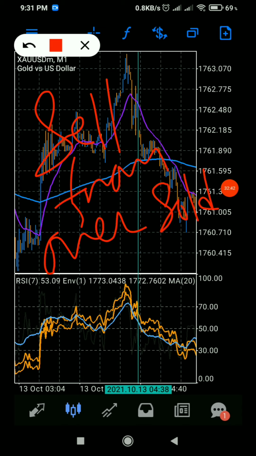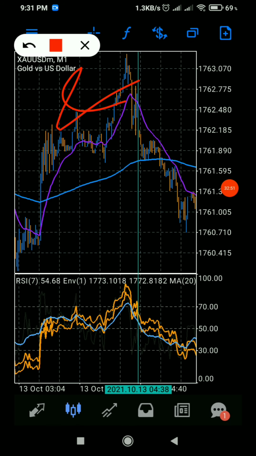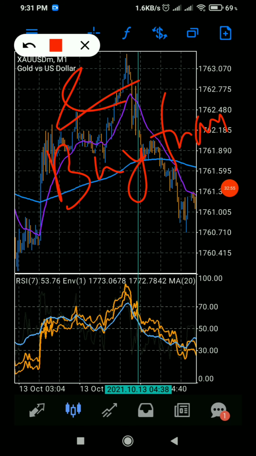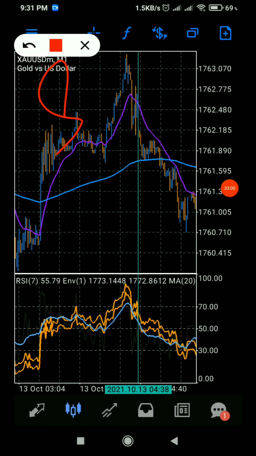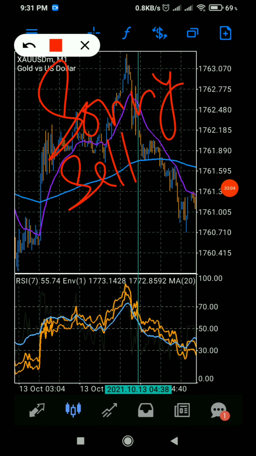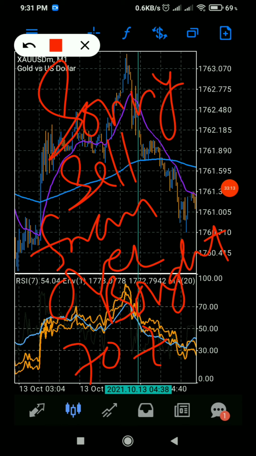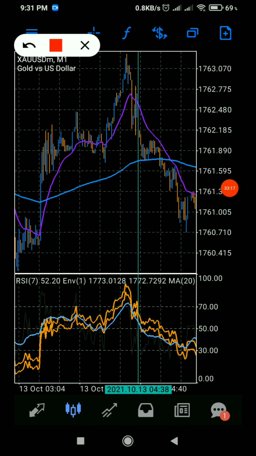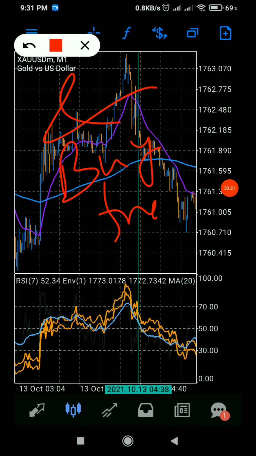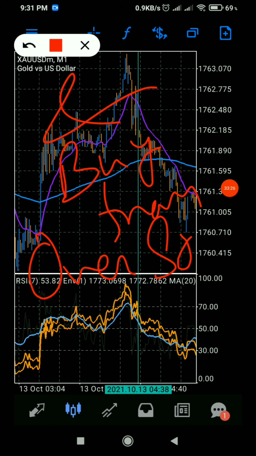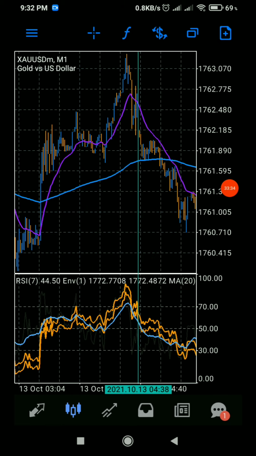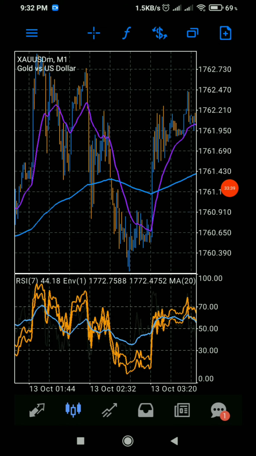So you can take sell from the overbought 70 zone. As you know, 70 is the overbought area, and you can take buy from the oversold 30 zone, and 70 is the overbought zone. You have to sell from there.